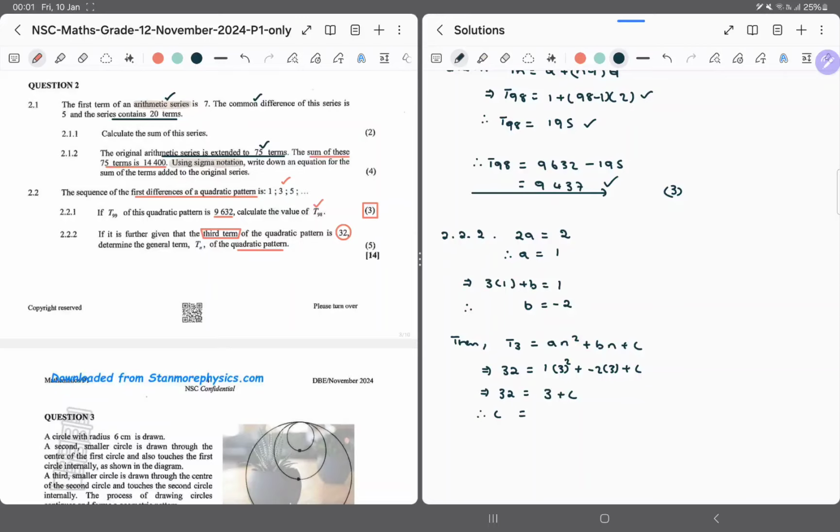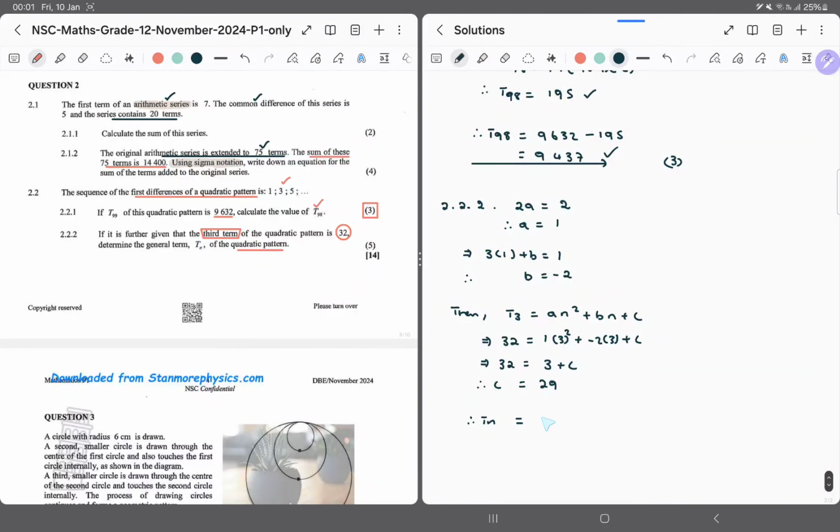Okay, that's 29. Okay. So we can say, therefore, Tn is going to be equal to n squared minus 2n plus 29.